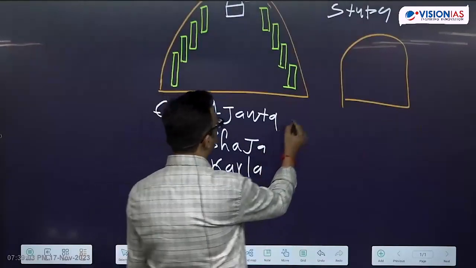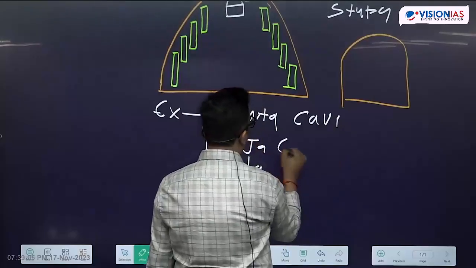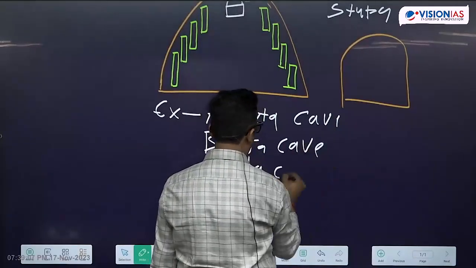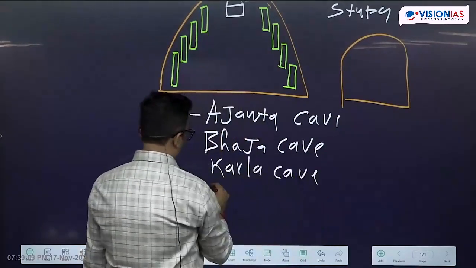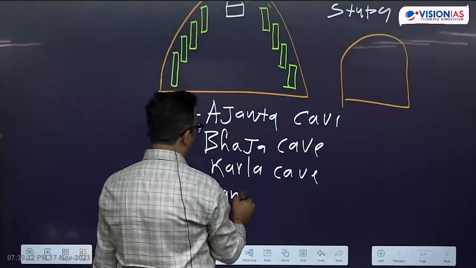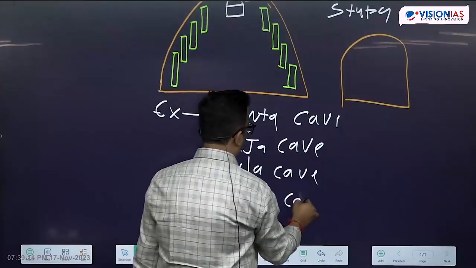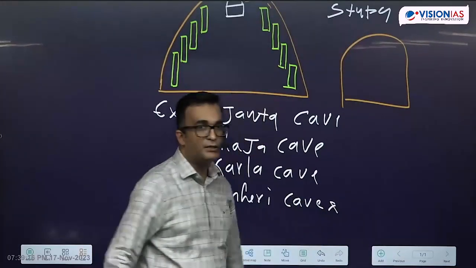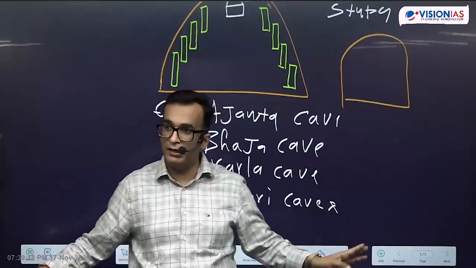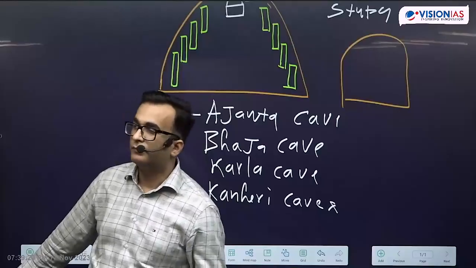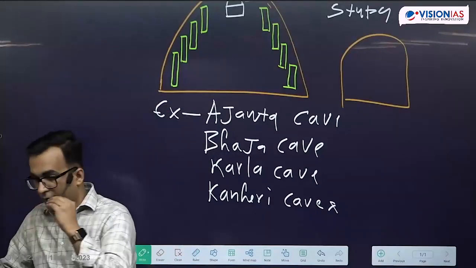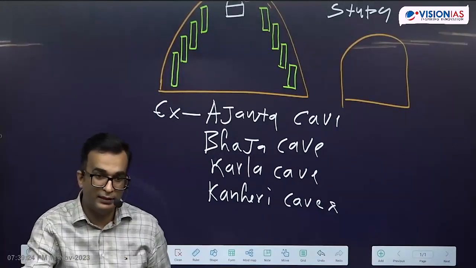You can write the examples: Ajanta cave, Bhaj cave, Karla cave, then Kanheri caves. These are the examples, and all of them are in Maharashtra. Done?